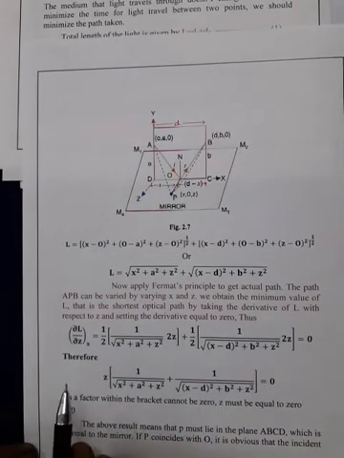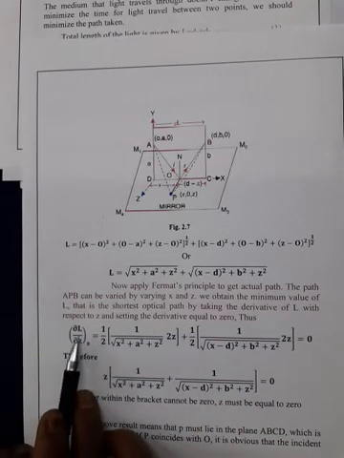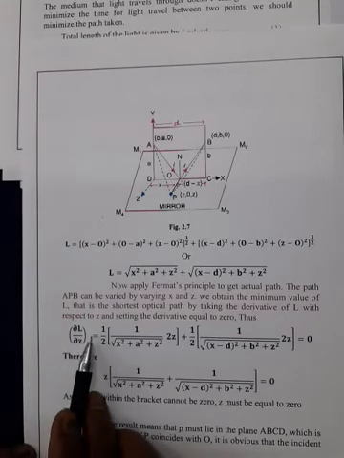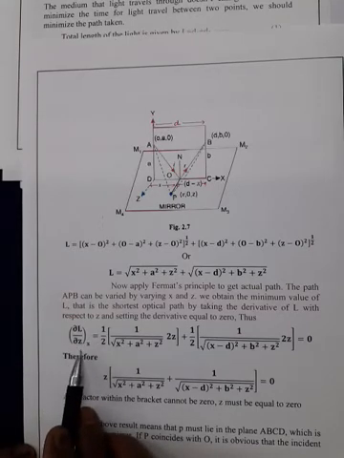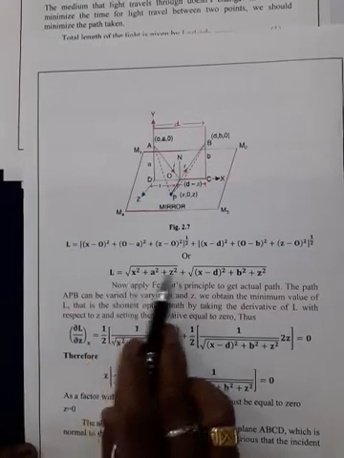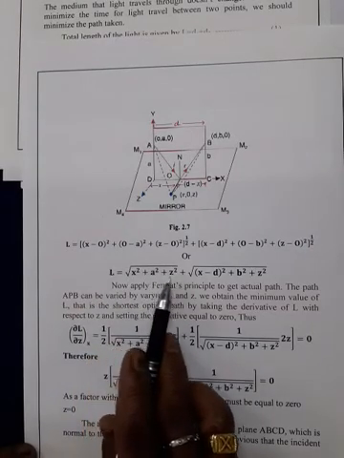Thus, the derivative of L with respect to z is nothing but dou L by dou z, keeping x constant. If I solve this equation, L equals under root of x square plus a square plus z square.